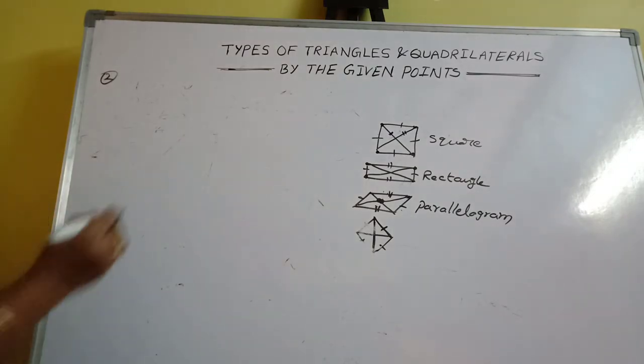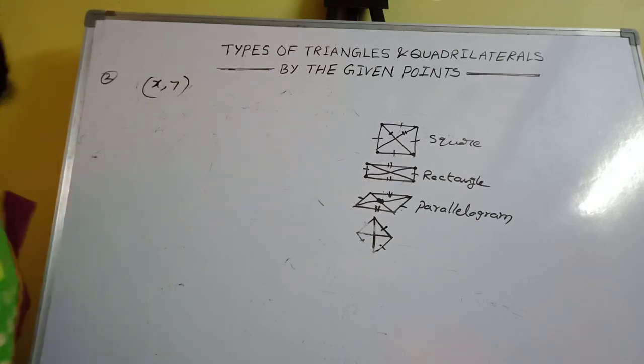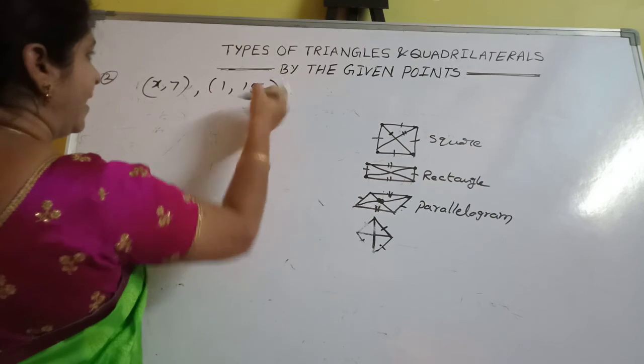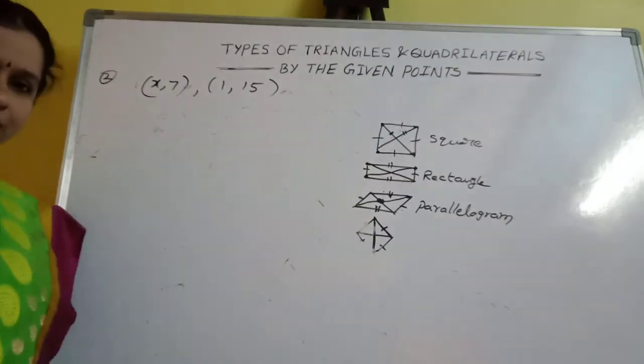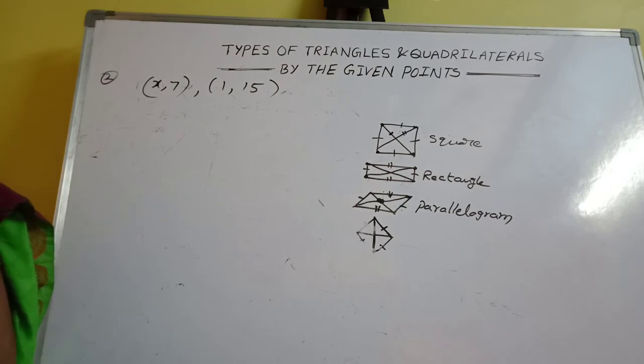Given the 2 points x comma 7 and 1 comma 15, find the distance between these 2 points.